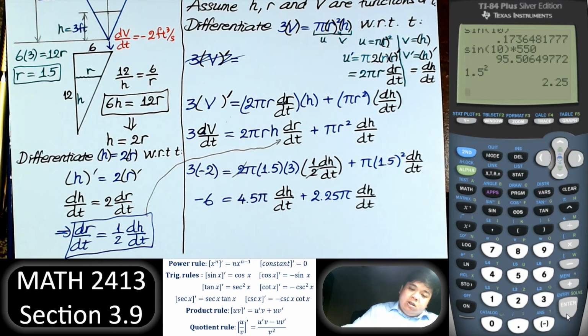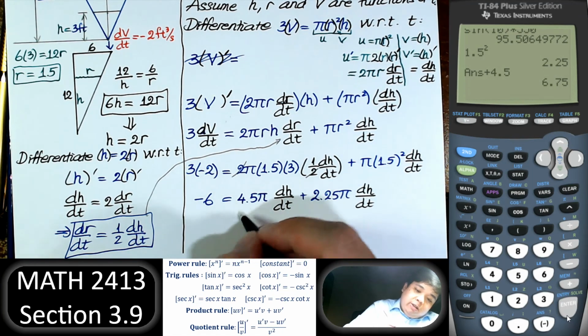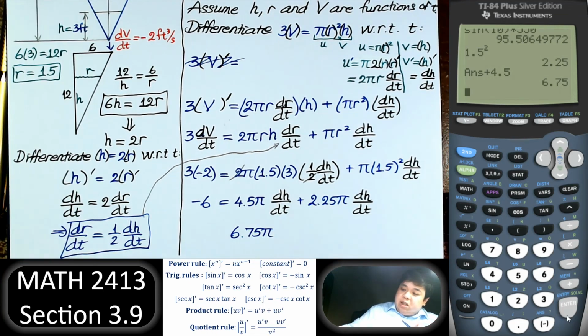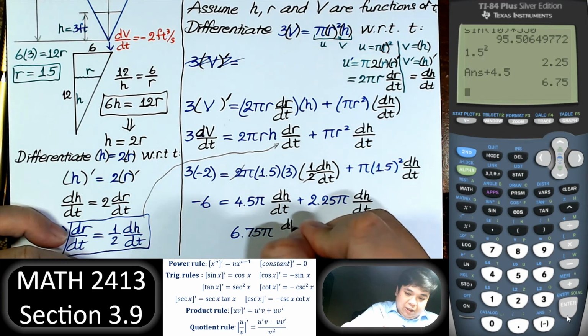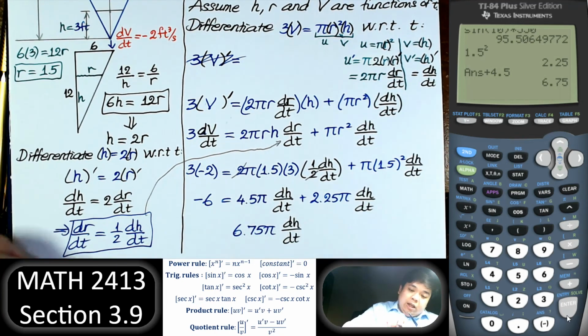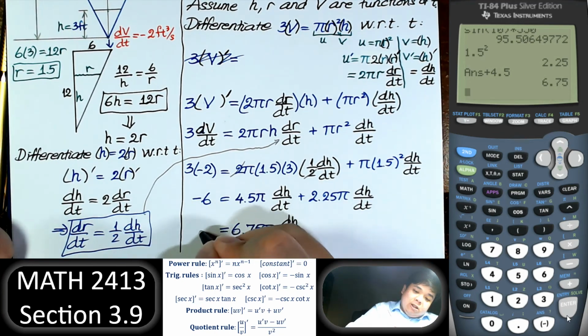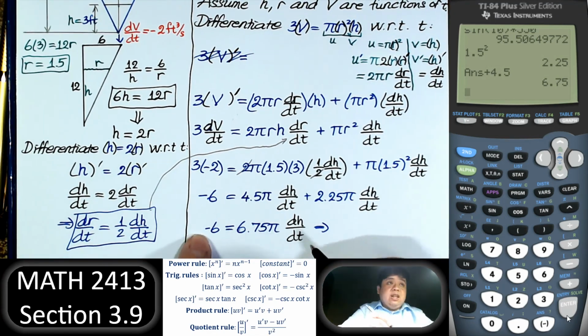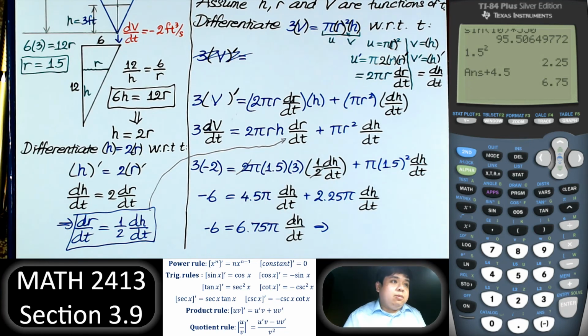Combine like terms, 4.5 plus 2.25, 6.75 pi times dh over dt equal to negative 6. So dh over dt is equal to negative 6 divided by that.